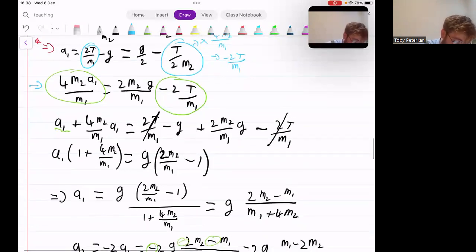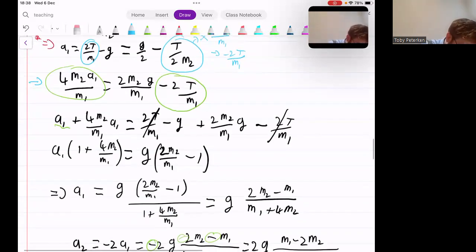And so the reason I times this whole thing by 4M2 over M1 is so that the tensions cancel. So when I add A1 with this new quantity, the two terms with the tension cancel out and we can ignore it from then on.